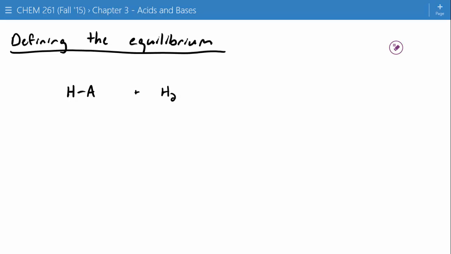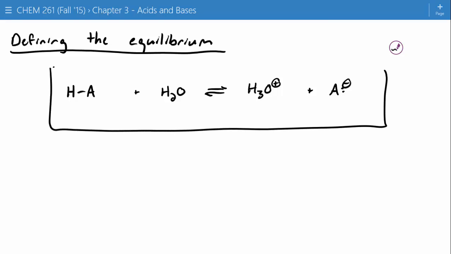Water is our universal solvent. And if we do this, what will our conjugate acid be? Hydronium ion, right. So we get H3O plus because water accepted a proton. And then we'd end up with our conjugate base, and I'll call this A minus. So this is our generic acid-base equilibrium in water.